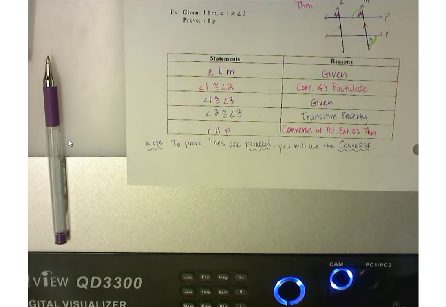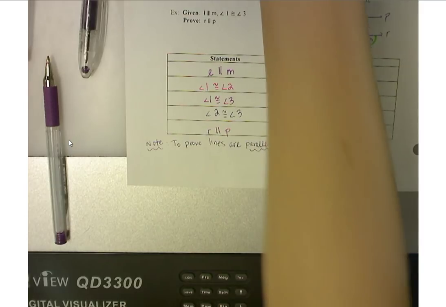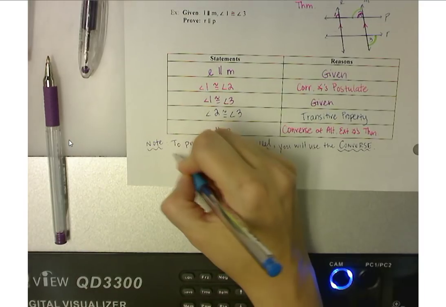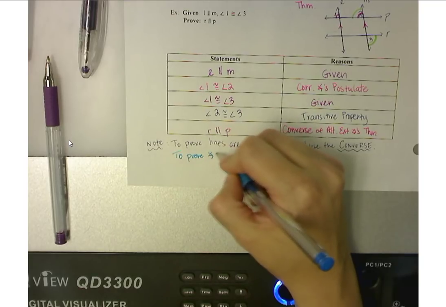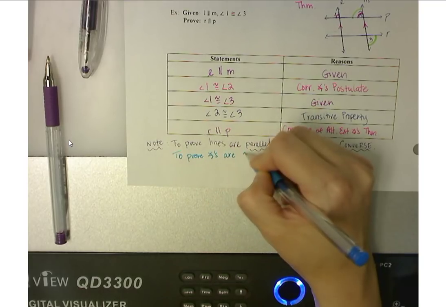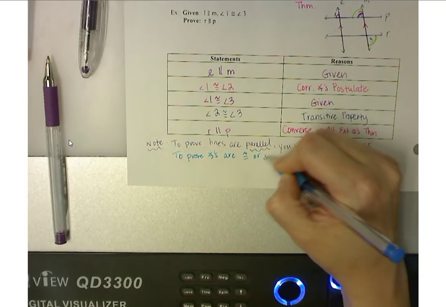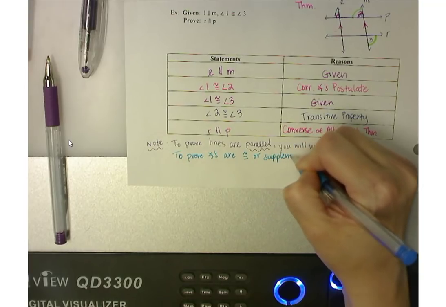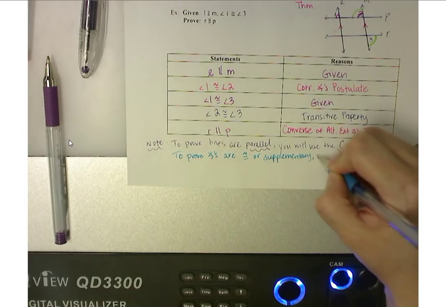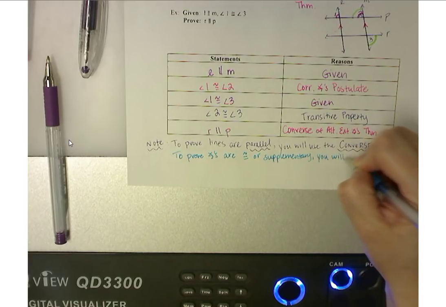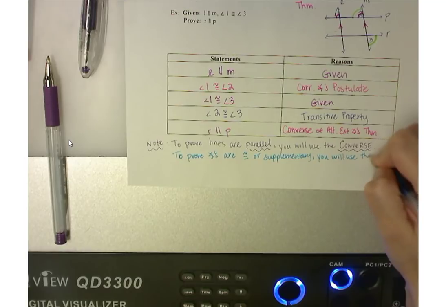Well, when do you use the other ones? Great question. To prove that angles are congruent or supplementary, because remember the same side are supplementary, that's when you will use the theorem or postulate.